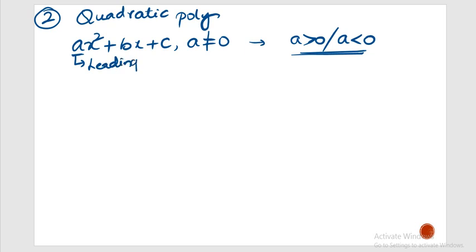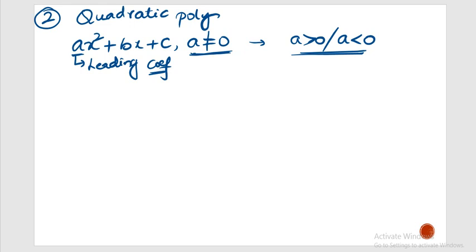This leading coefficient is just a number, so that number can be positive or negative or 0. Here 0 is restricted, so we should not consider 0. Hence we have only two possibilities, either a greater than 0 or a less than 0. Based on this we are going to get the graph of this particular quadratic polynomial.